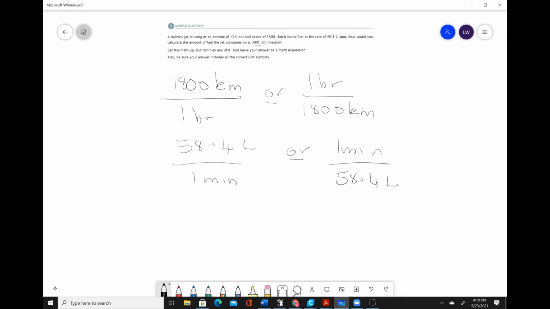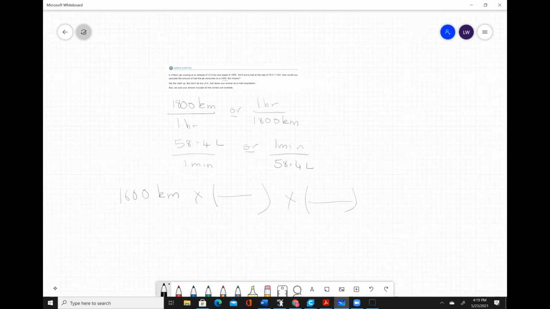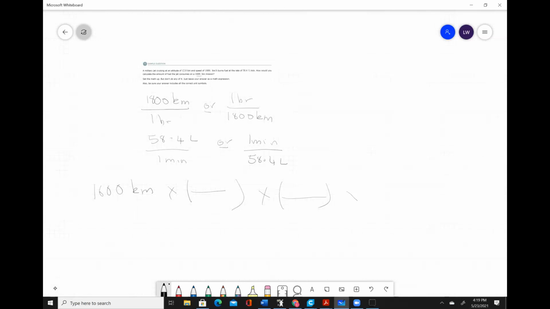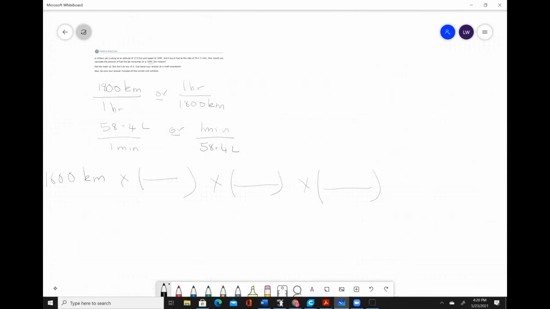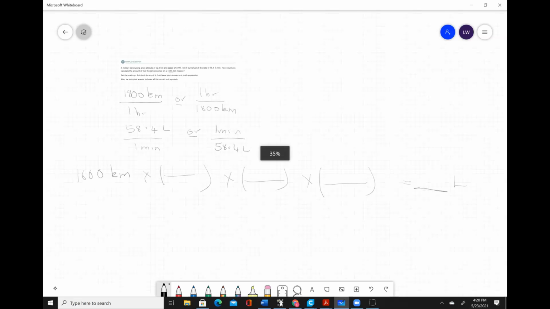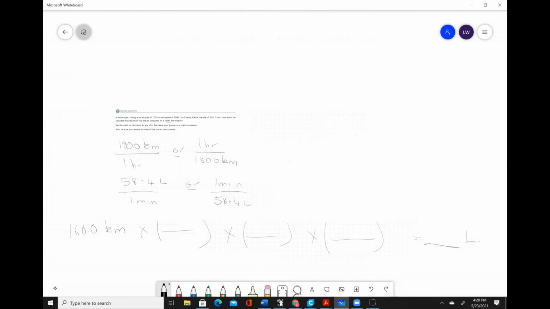right? So what I've got to do is take 1,600 kilometers, which is not a temperature, multiply it by one or more, or at least two conversion factors, and turn it into liters, right? Because liters is a measure of volume.